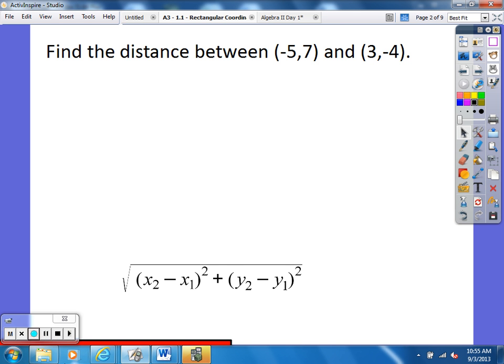Now the distance formula, does anybody know where it was derived from? Anybody know where the distance formula comes from? Kind of. You're actually on the right path there. Well, before I explain where it comes from, how about you go ahead and plug those numbers into the distance formula and see if you can find the distance between those 2 points for us.